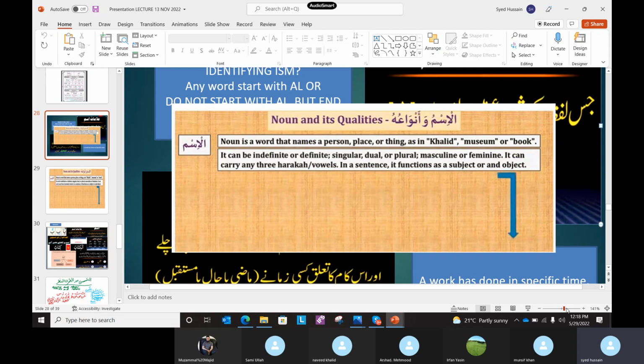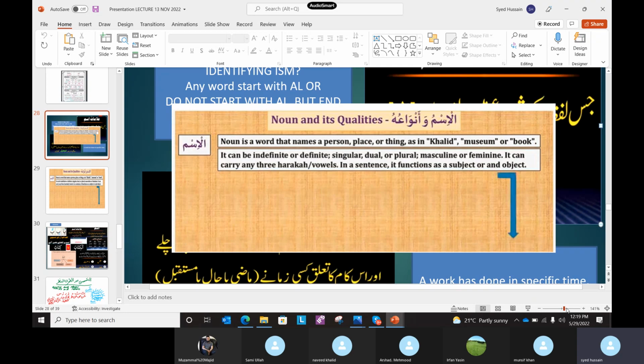For example, Khalid, museum, or book. It can be indefinite, it can be definite, it can be singular, dual, or plural, it can be masculine or feminine. It can carry any of the three harakat at the end. We will call it I'rab, and I will explain later what this I'rab means. So this is the important definition of noun.